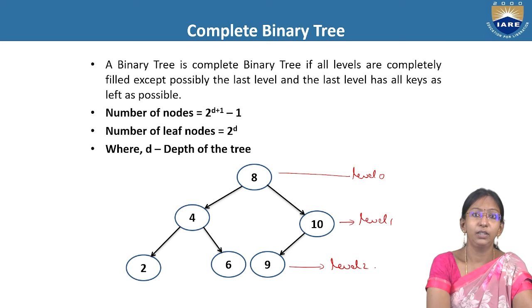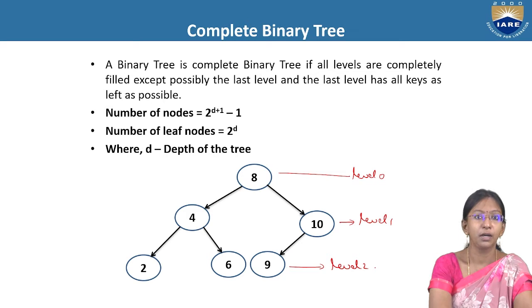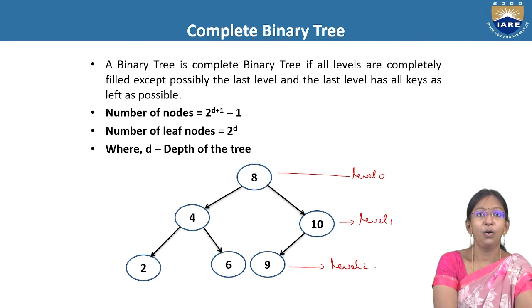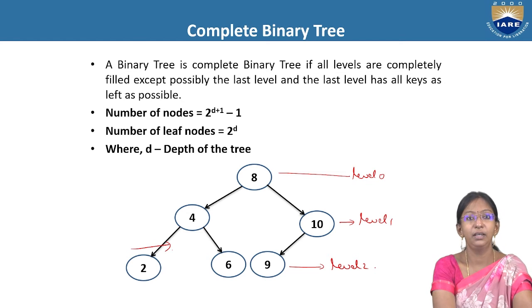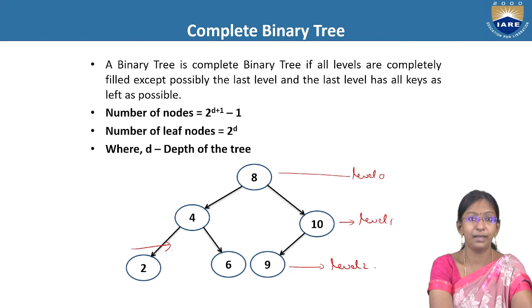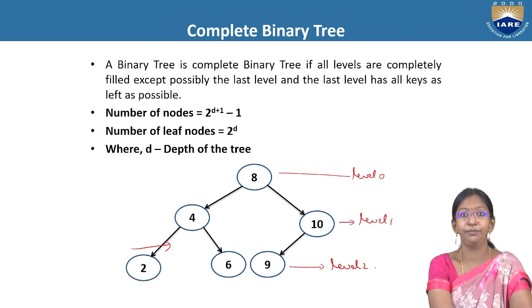So now the thing is, have a look at the nodes, how they are filled. Level 0, it is full. Level 1, as far as possible, full. Coming to level 2, all the elements are filled from left to right. Am I right? Left to right. Once level 2 is fully filled, then go to level 3, start filling that too from left to right.